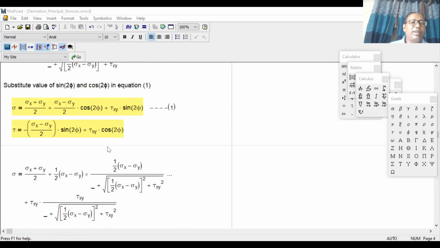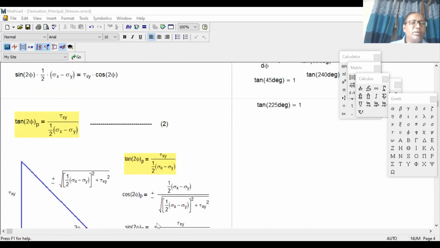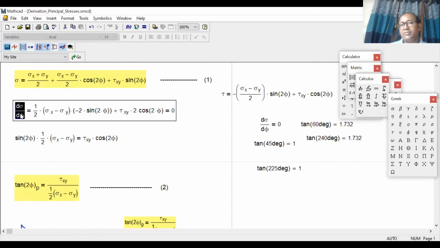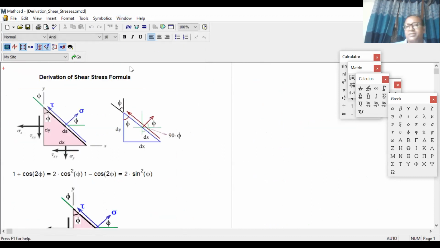At the beginning, we figured out d sigma by d phi, right? Similarly, we'll figure out d tau by d phi. So let's see that equation right over here. Derivation for maximum shear stress.